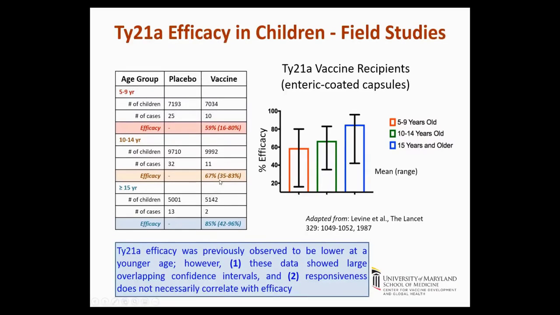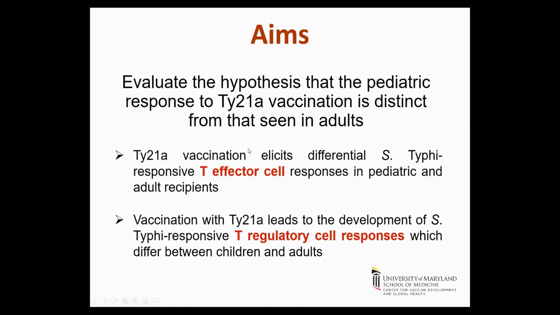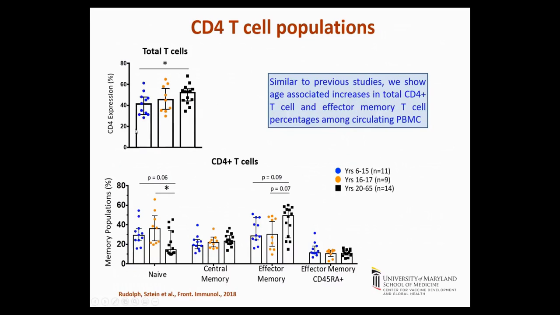in the over 15-year-old. Because of this field data, we started this study trying to understand what is the difference among different age strata of children, and which are the differences in the responses between pediatric and adult recipients.